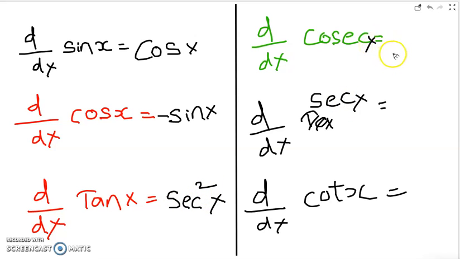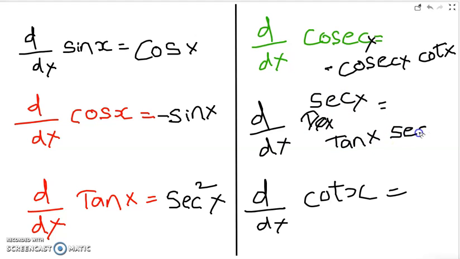Cosec x is minus cosec x cot x. Just keep this in mind. Sec x is sec x tan x. And cot x is minus cosec square x. These are very important formulas.